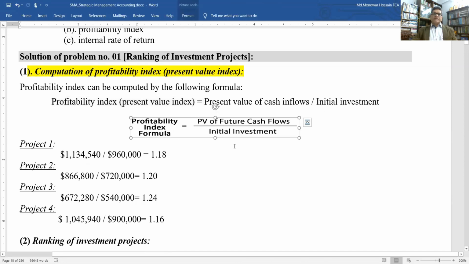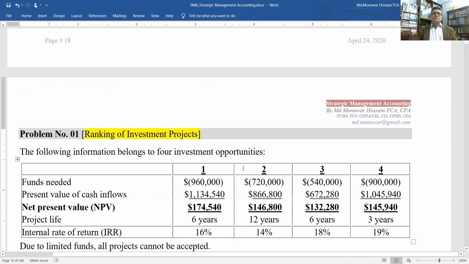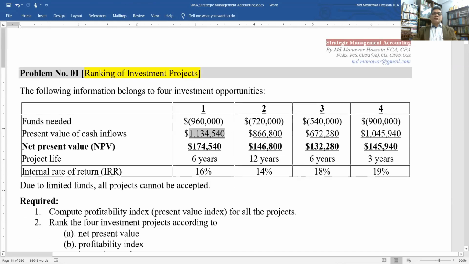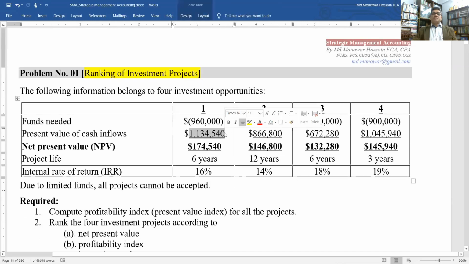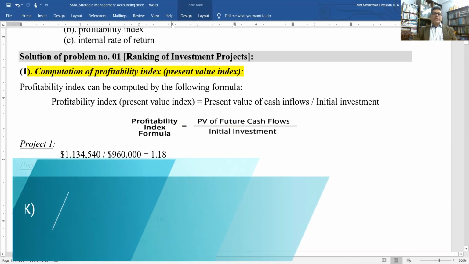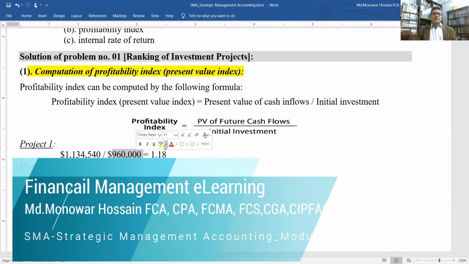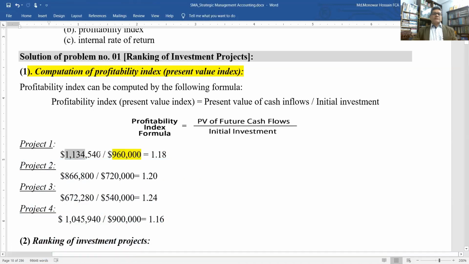For example, project 1: PV of cash inflow is 1,134,540 and initial investment is 960,000.